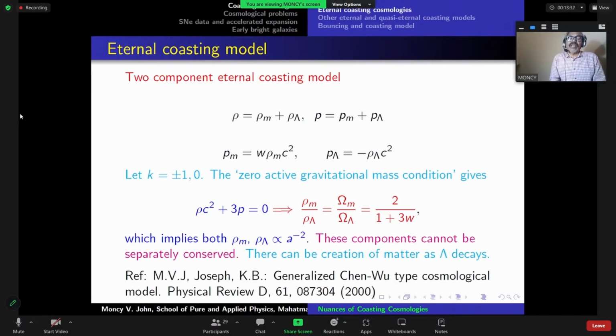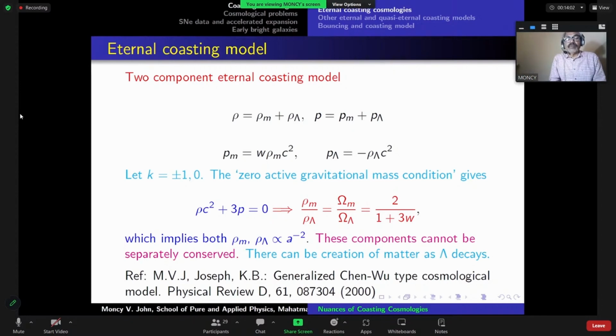We can take k equal to +1, -1, or 0. If we consider the zero active gravitational mass condition, this uniquely gives the ratio between the density parameters of matter and lambda equal to 2/(1+3W), where W can be 0 or 1/3. So this ratio should remain a constant.